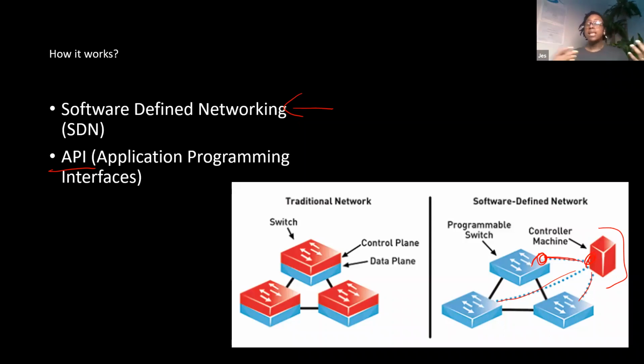You'll see that it has API when you're downloading it. A lot of times we don't care what API means, but what it's saying is that this software can talk to that software through an API. That is how software communicates with each other. So when you see API, just know that there's a specific software talking to another specific software.